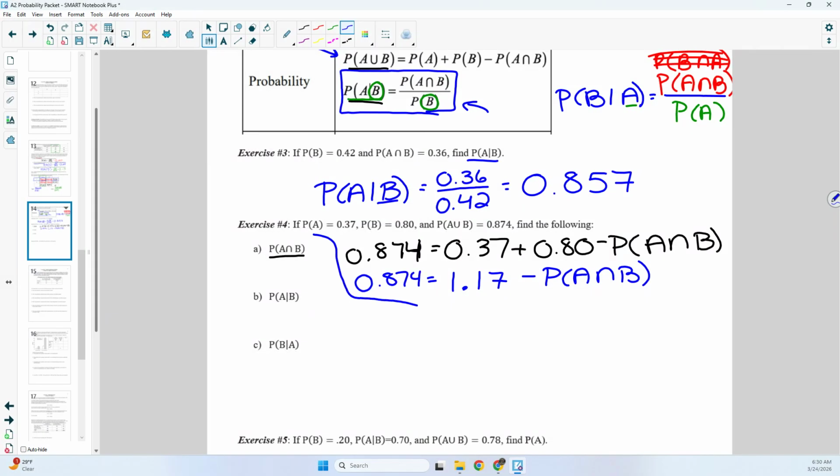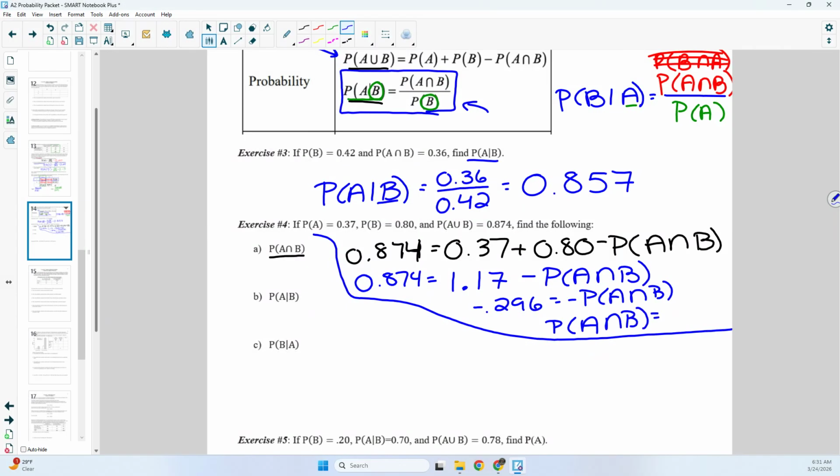So basically, I'm going to subtract the 1.17, and that's going to give me negative 0.296. And if I start to get this pattern, I don't have to do the next step, which is divide by negative 1. I can just drop the negative on both sides, and I get 0.296 here. So now that I've found that, there's something I can use for other problems.